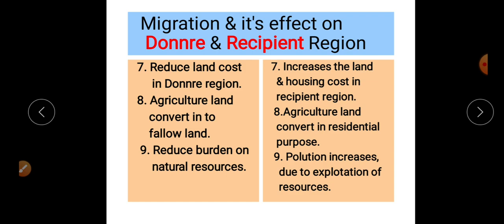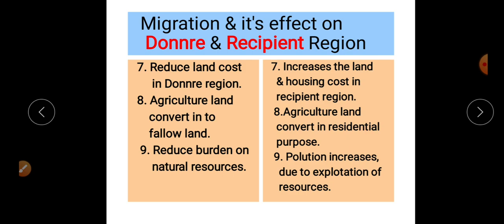Then the opposite condition in urban centers. In an urban center, the surrounding land of the urban area is agricultural land. That agricultural land converts into residential purpose because of the high demand for housing and land area due to the immigrant population, and the increasing population is responsible for the conversion of agricultural land into residential purpose.